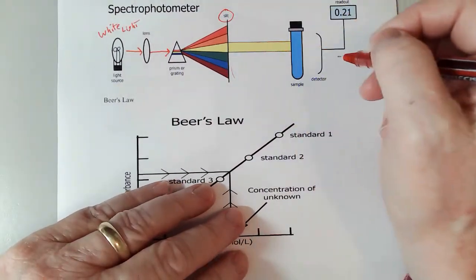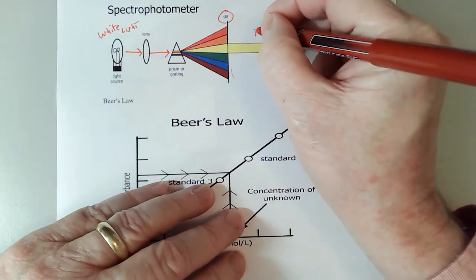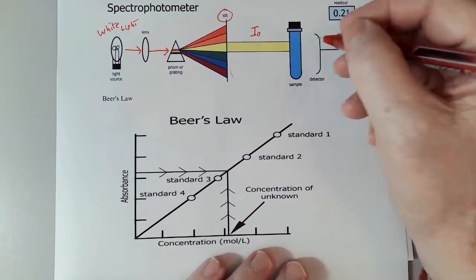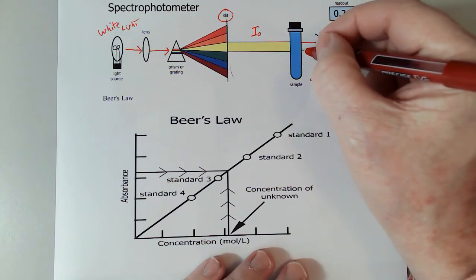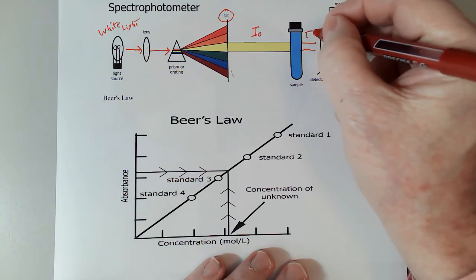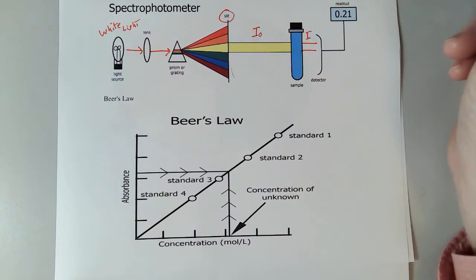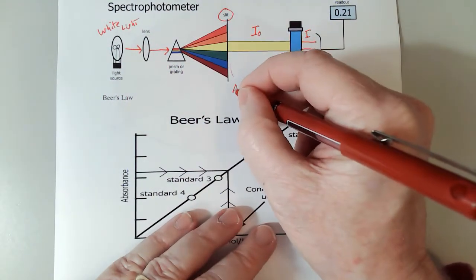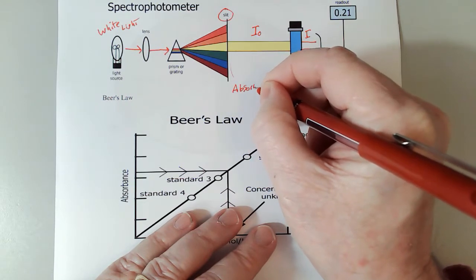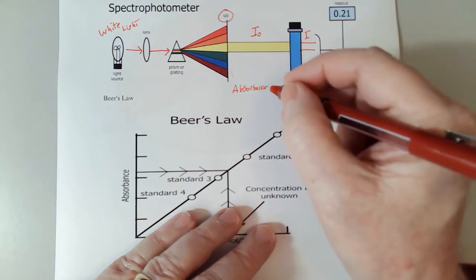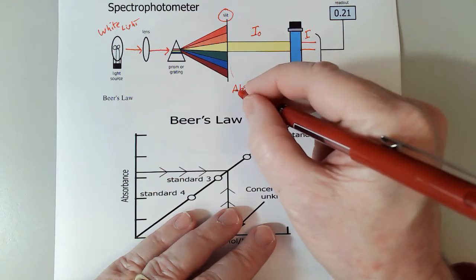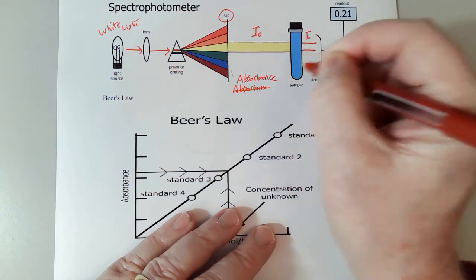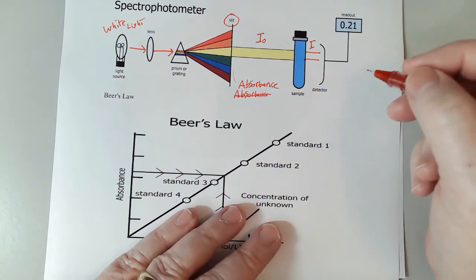Okay, so we hit it with this yellow that we're going to say has an intensity of I naught. When it comes out the other side, it will be less, and it'll just have an intensity of I. And the absorbance is the ratio.